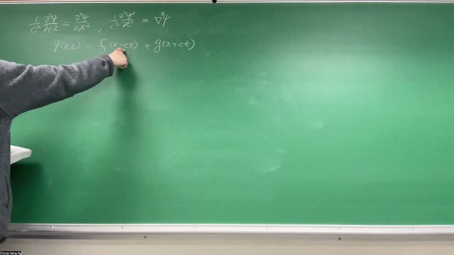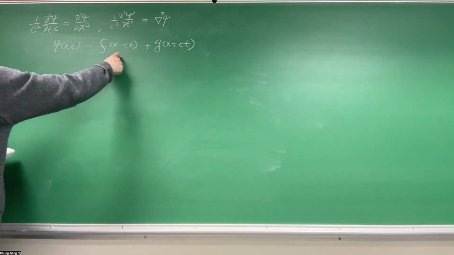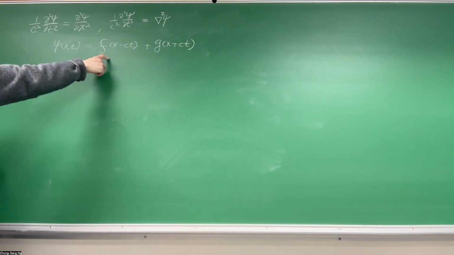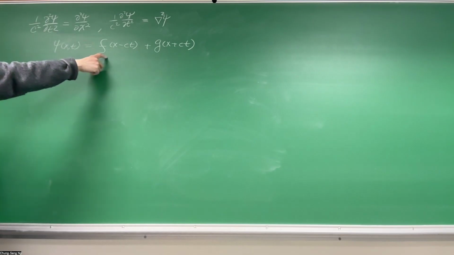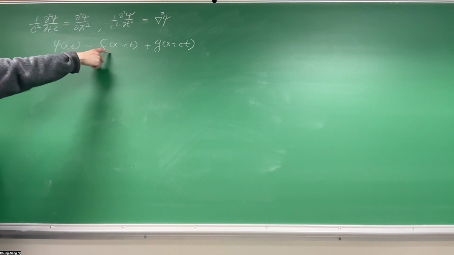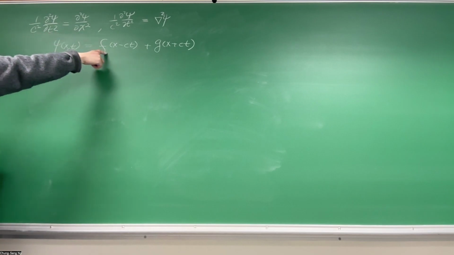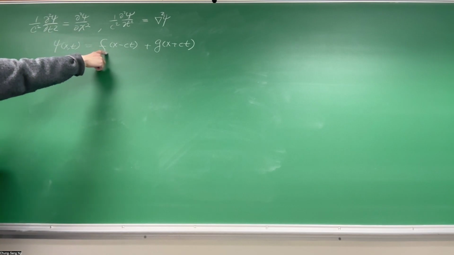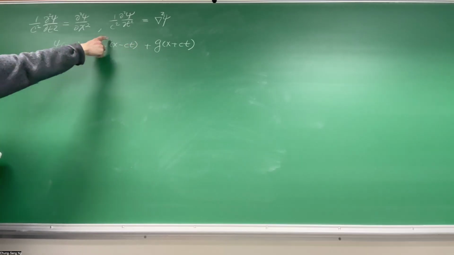This is x minus ct, this is x plus ct. Is that okay? You can check either one of them is a solution by just substituting it back, and that is straightforward because when you substitute f, you basically take the second derivative of f with respect to its argument, so it becomes f double prime.